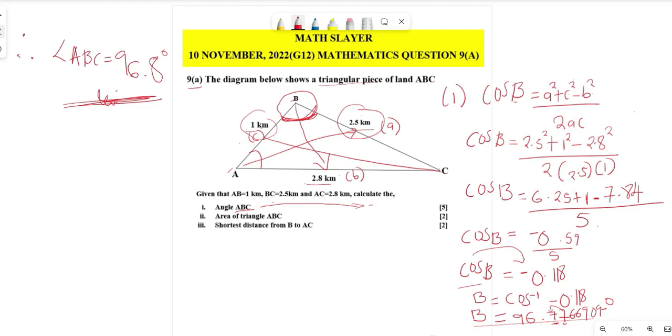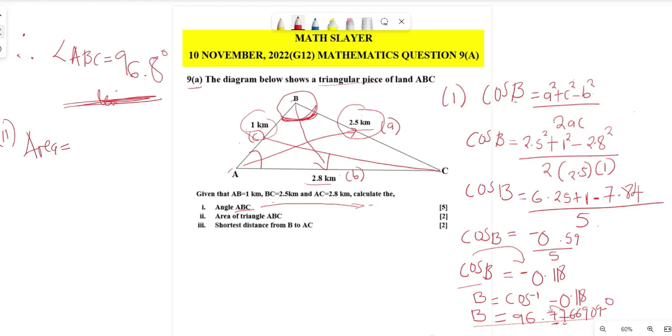Then we go to question 2, which is asking for the area of ABC. It is just the area. We are calculating the area of a triangle, and remember this is a non-right angle triangle.